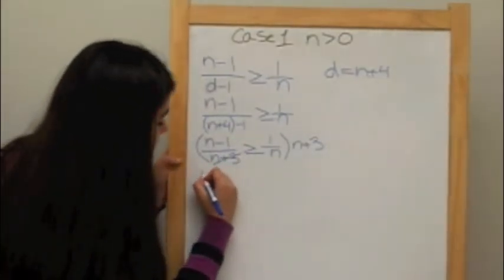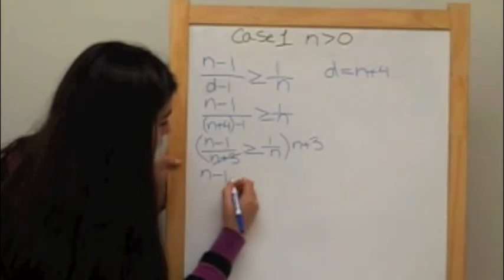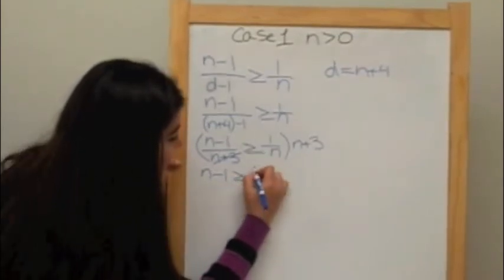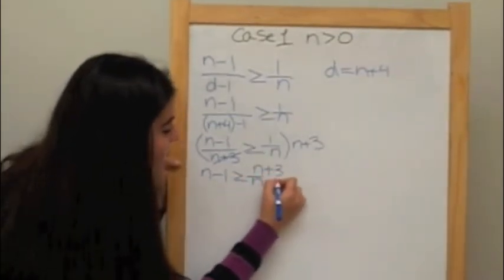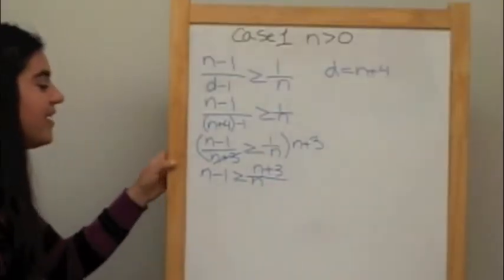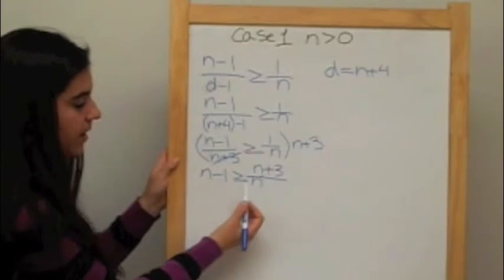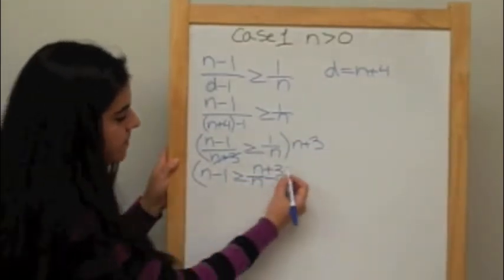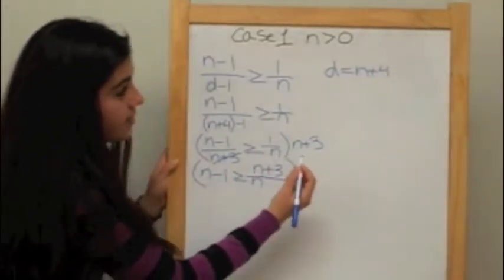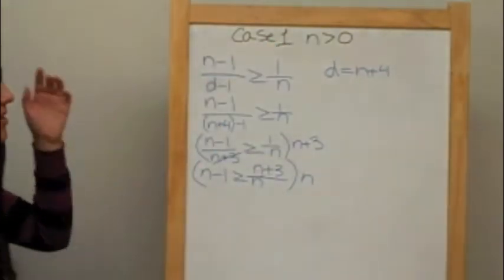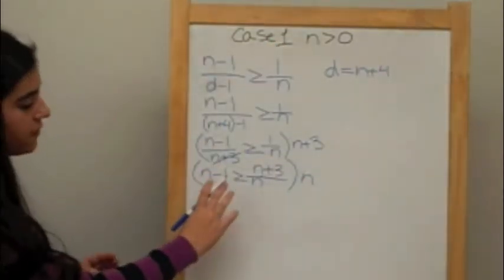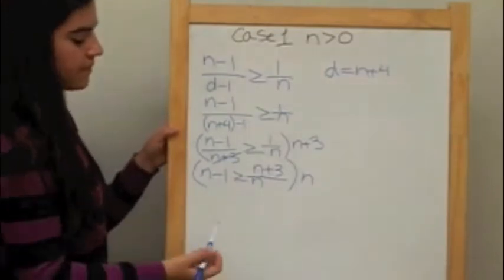You can simplify this to get minus 1 is greater than or equal to. So now we need to do the same thing, multiplying by n to get it out of the denominator over here. Since n is greater than 0 in this case, we do not have to flip the inequality sign.